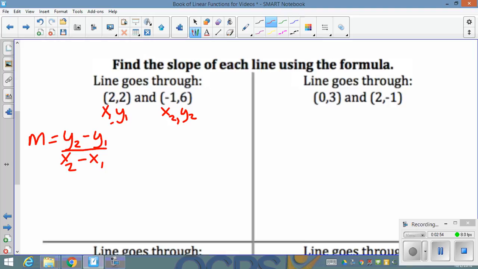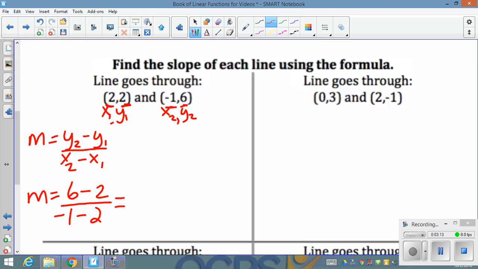So my slope here is 6 minus 2, that's my y sub 2 minus my y sub 1, over negative 1 minus 2.